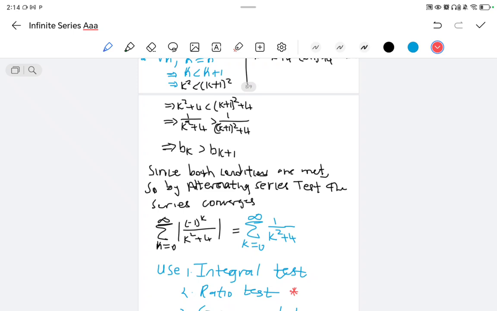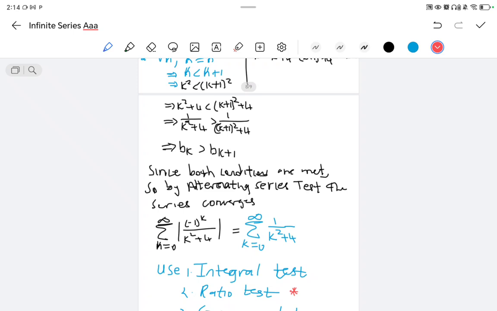Does it matter whether our case starts from 0 or 1? Oh, yeah.